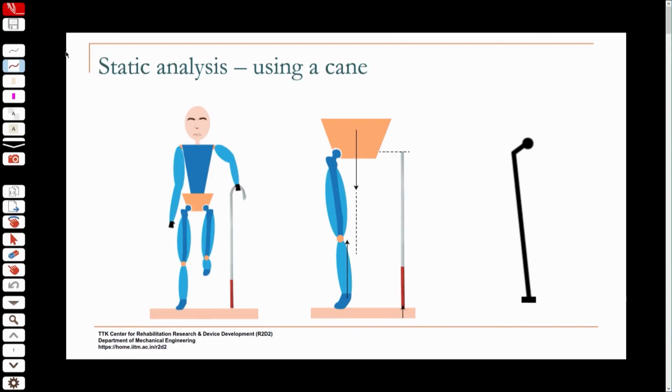I just wanted to mention that in the problem we had last time, the answers that I gave you assume that this distance is very small.